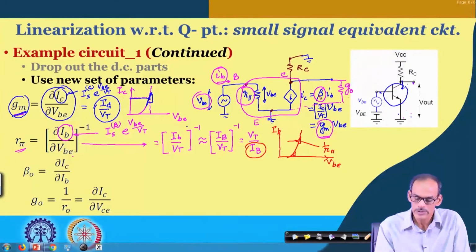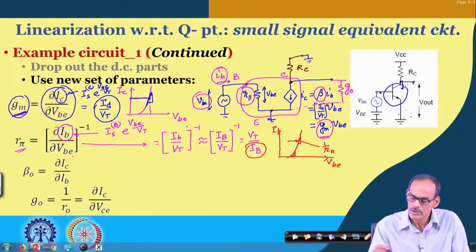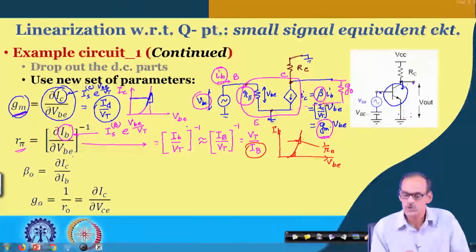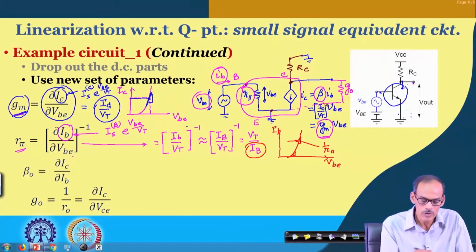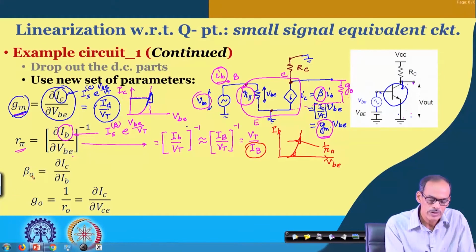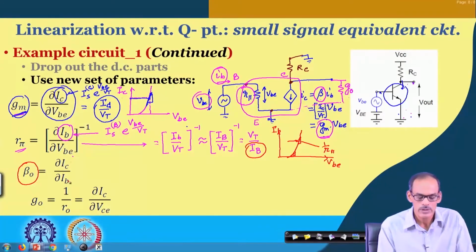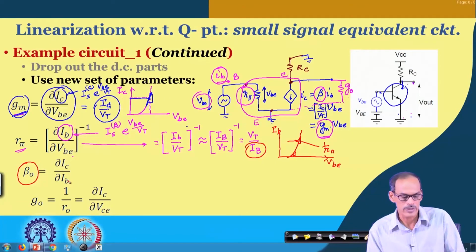Sometimes we assume that this beta naught is, quote and unquote, close to or equal to beta F, but strictly speaking it has its own definition. Normally we use beta naught as the symbol which represents the relationship between the collector current variation with respect to the base current variation.